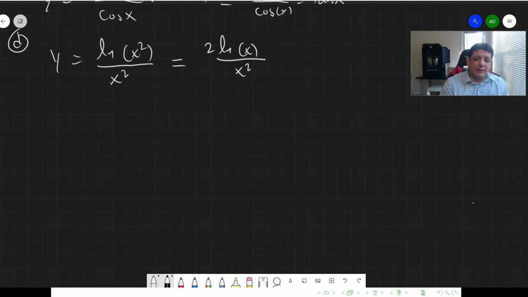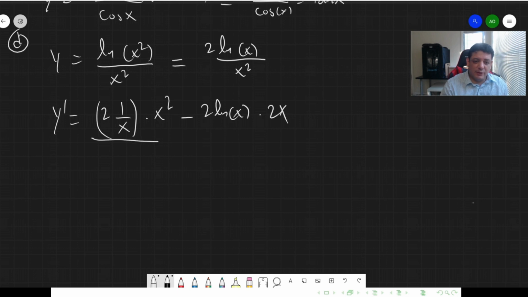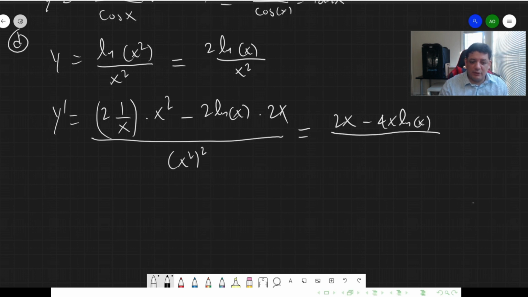This one is going to be simpler for now, so I'm going to go with this one. The derivative of 2 log of x is 2 times 1 over x, times x squared, minus 2 log of x times 2x, over x squared to the square. Now this is 2x minus 4x log of x, and we have an x to the 4 down here. We can simplify one of the x, and this is going to be 2 minus 4 log of x over x cubed.